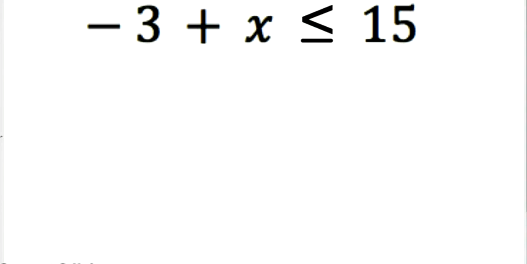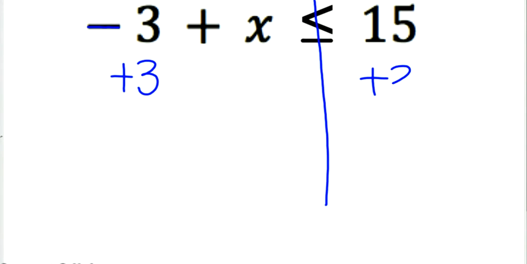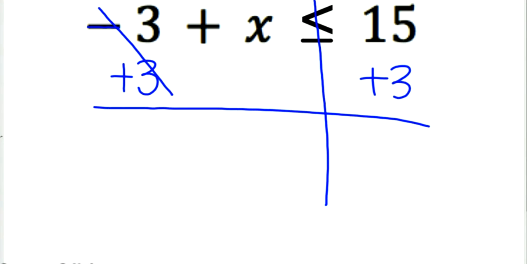Next inequality, I'm drawing my vertical line. I have a negative 3, so I'm going to add or have a positive 3 on both sides. My negative 3 and my positive 3 are going to cancel. I have an X. I'm bringing down my less than or equal to inequality symbol, and 15 plus 3 is 18. So X is less than or equal to 18.